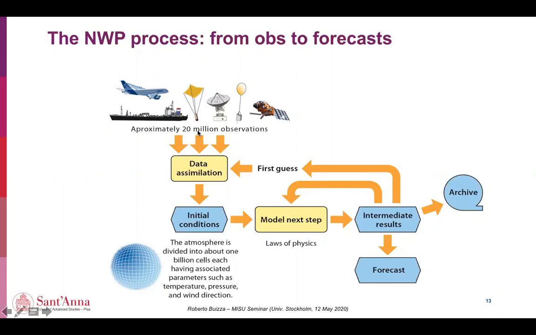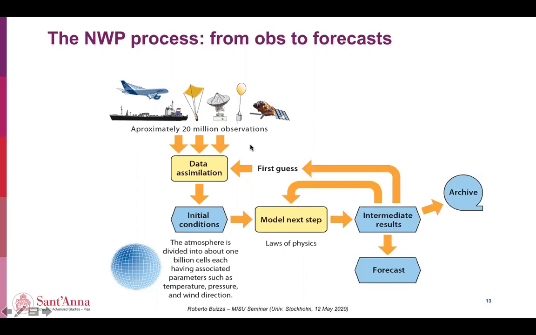The use of the two within complex procedures, which we refer to as data assimilation, leads to the estimation of initial conditions. Once these initial conditions are generated, we can go into forecast mode, generate our forecasts, and then issue them and put them in the archive.